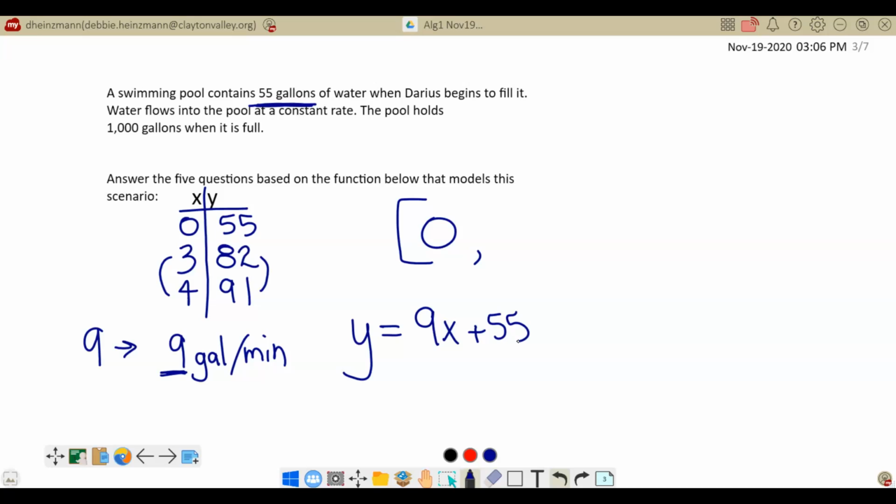Well, we can just set y equal to 1,000. So how many minutes does it take to get to 1,000 gallons? And if you do that math, you'll get a final answer of 105.